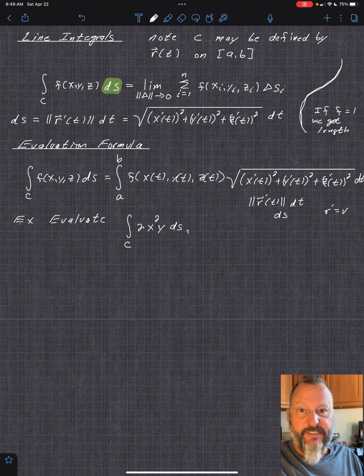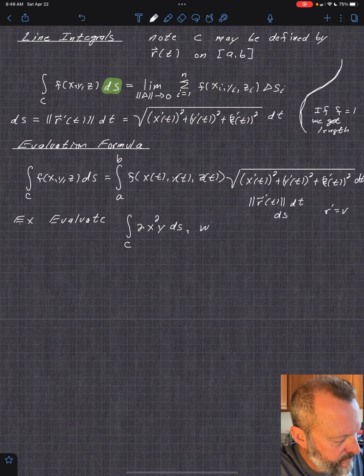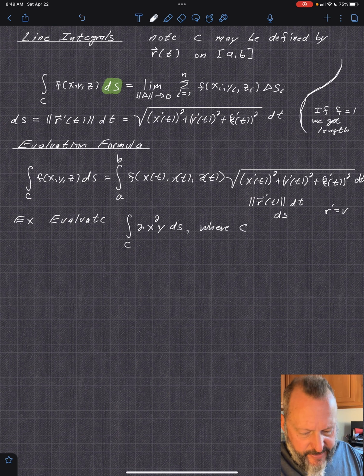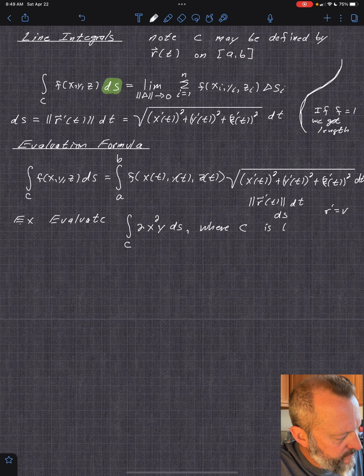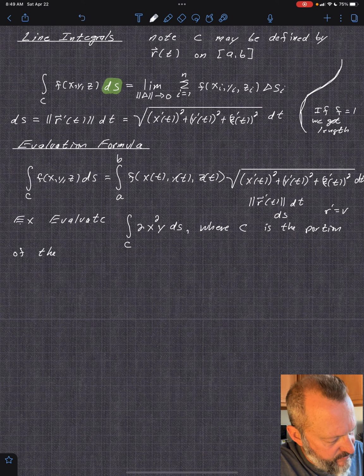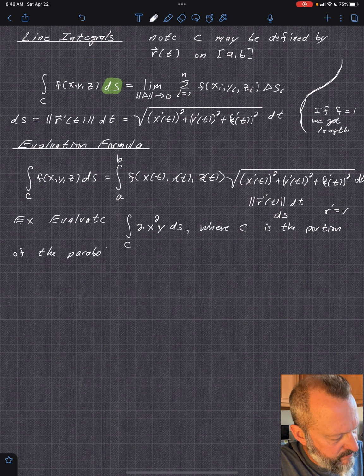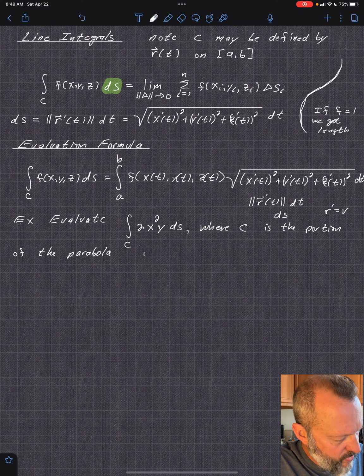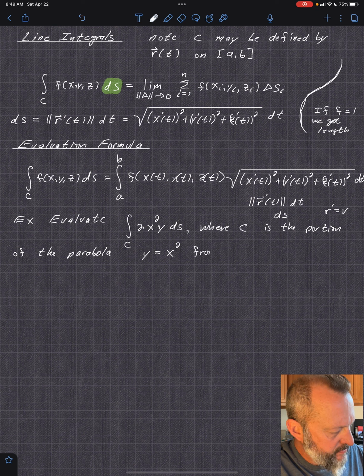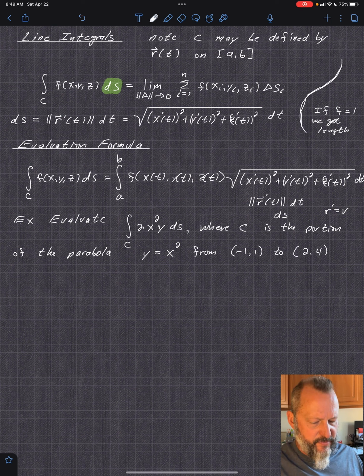And then now we've got to tell you what c is, where c is a portion of the parabola y equals x squared from the point (-1, 1) to (2, 4).